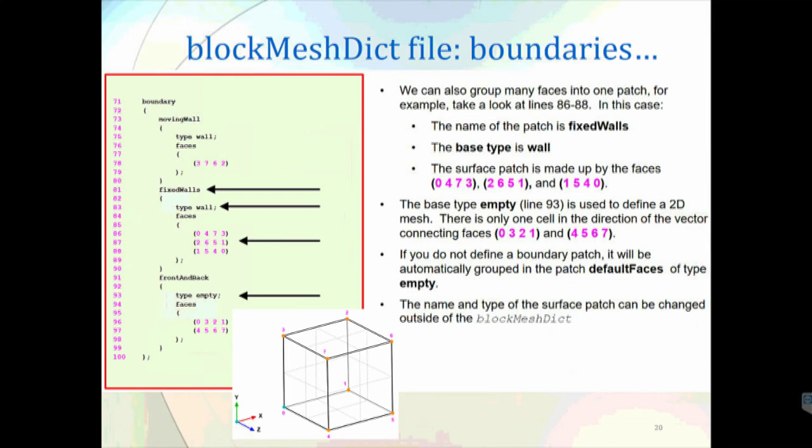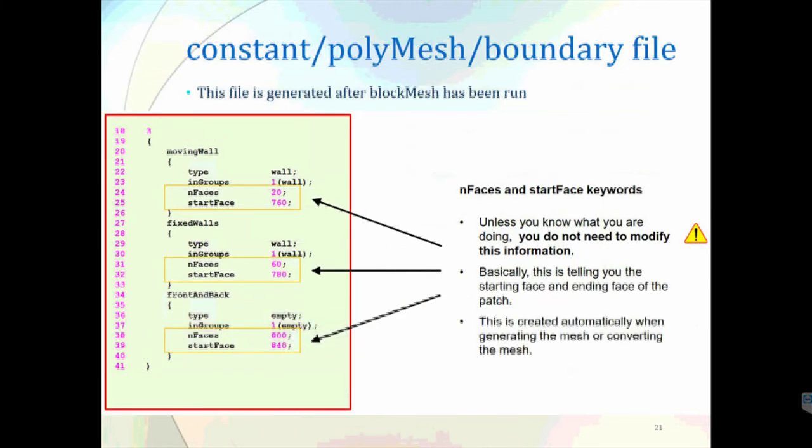Okay, so even this list is included in the blockMesh dictionary file. So you just need to modify one file. So most of your pre-processing step will involve modifying one file, which is the blockMesh dictionary file. Once you have done this modification, then the boundary file will be generated automatically.